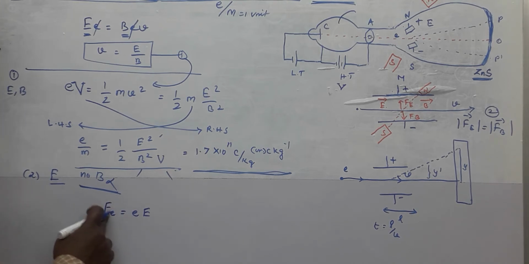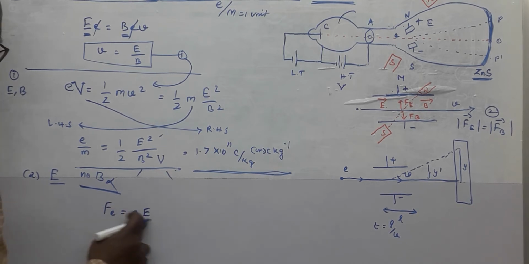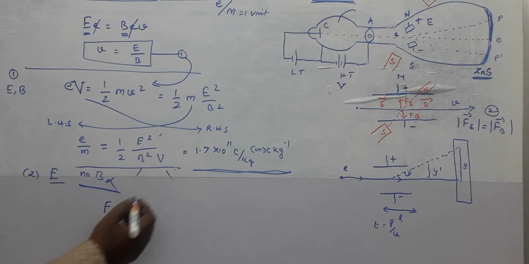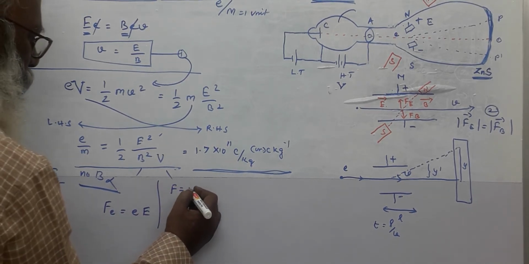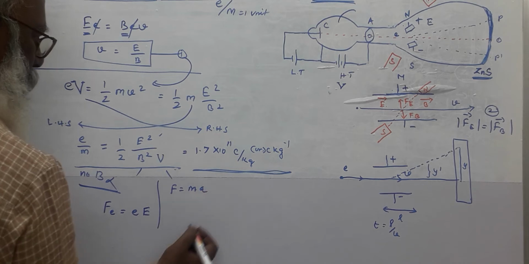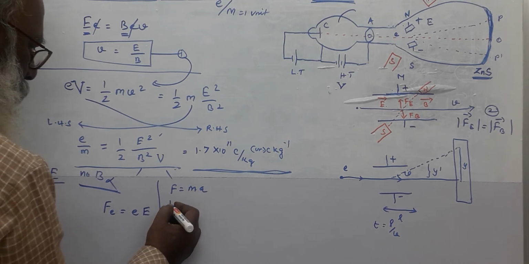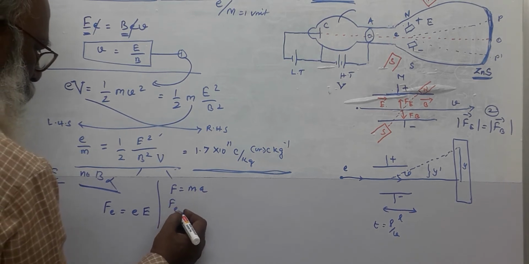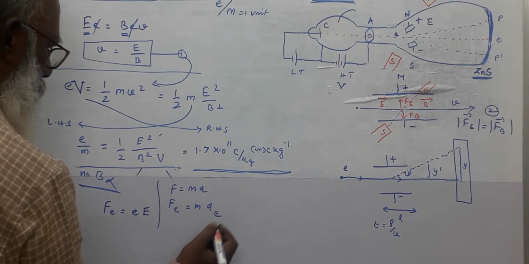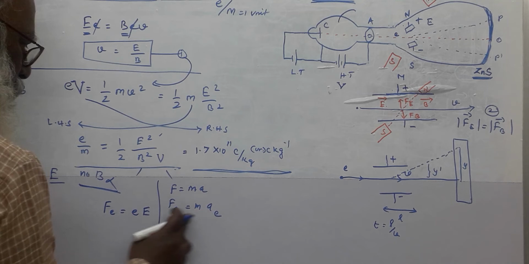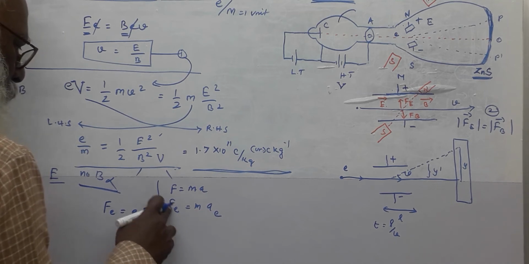Therefore, the electric force is nothing but e into E. Now, as per Newton's second law, we know that F equals ma. Instead of F, putting Fe, that equals m into a suffix e. That is the electric field force.